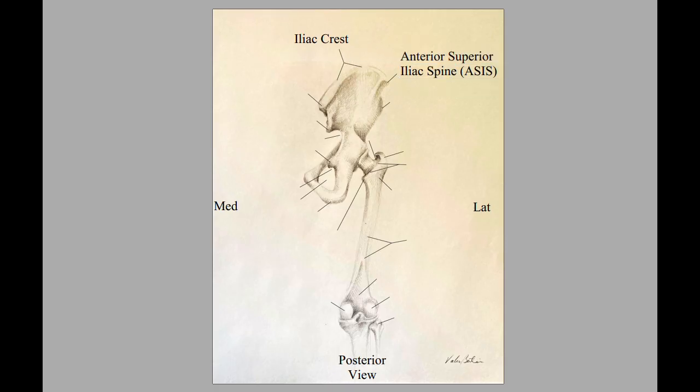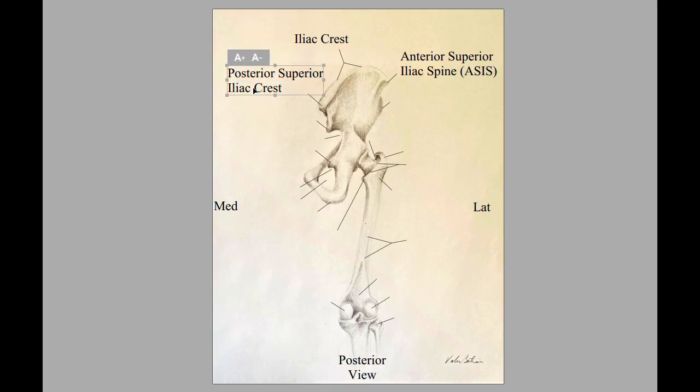In addition to that, we're also going to have the posterior termination of that crest right here. So this is going to be called the posterior superior iliac crest. Okay, that's your posterior superior iliac crest.